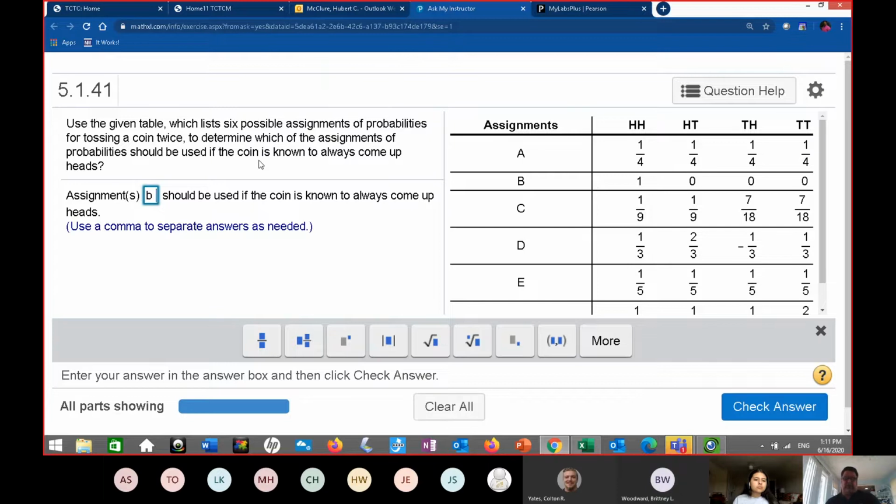B, comma, F. But it may not be F since F doesn't add up to 1. It says use which lists 6 possible assignments for tossing a coin twice.